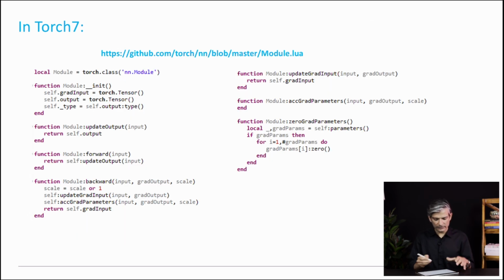So this is just the parent, the module, right? And because I didn't want to show you PyTorch, since you only learn when you do it yourself, I'm showing you Torch 7, but they're very, very similar. So this is the parent class, the abstract base class. And from this abstract base class, there are interfaces defined. There are these different functions in the class defined.